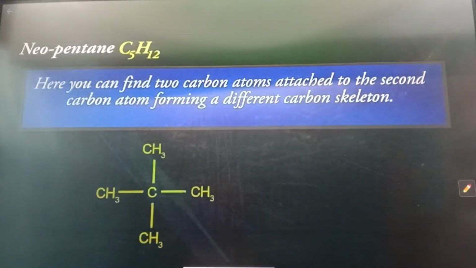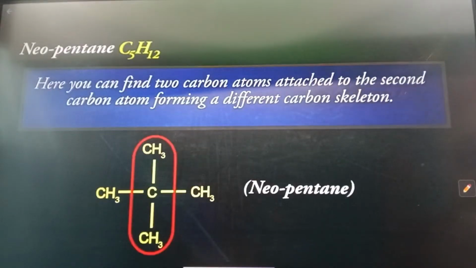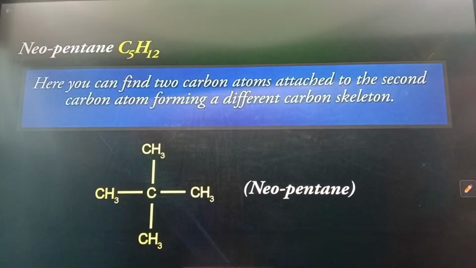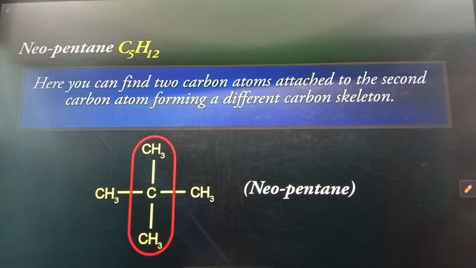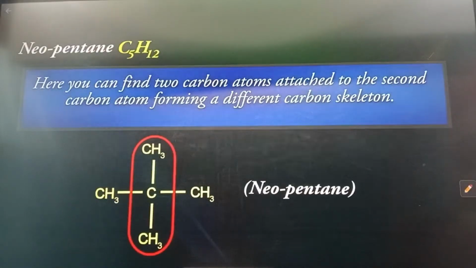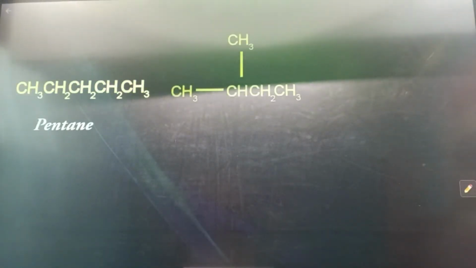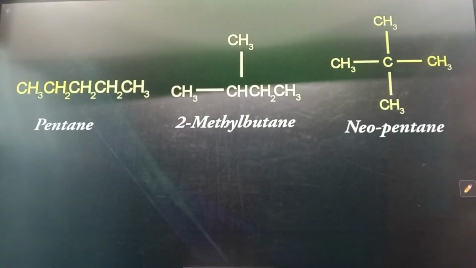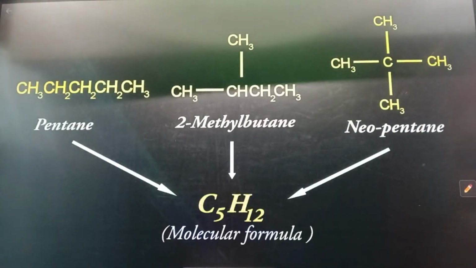Here you can find two carbon atoms attached to the second carbon atom, forming a different carbon skeleton. Hence, you can see, although all the three compounds have the same molecular formula, C5H12, yet each differs by its different skeleton structure.